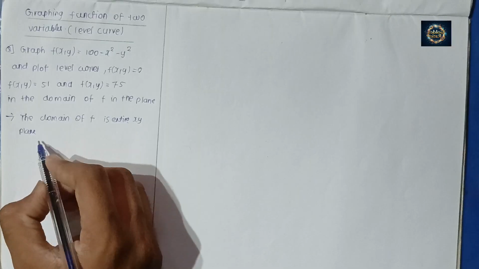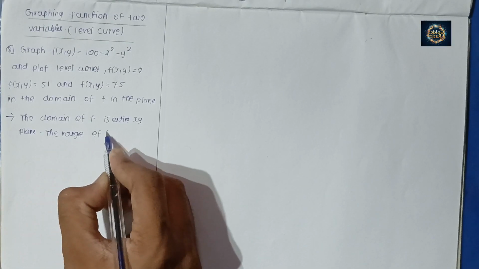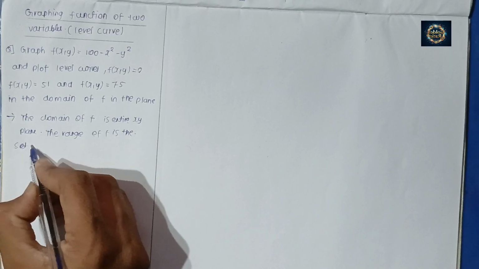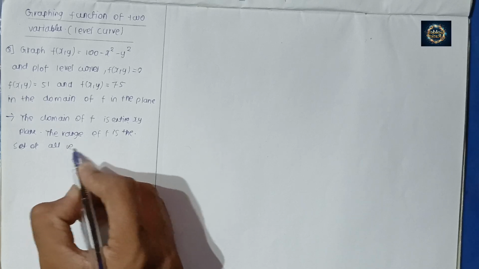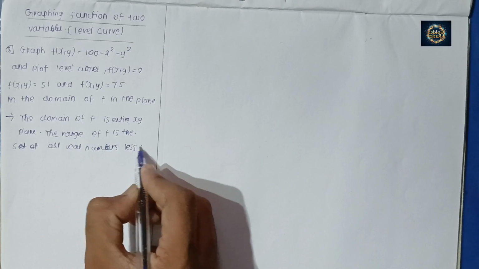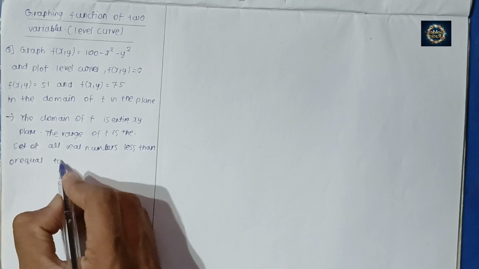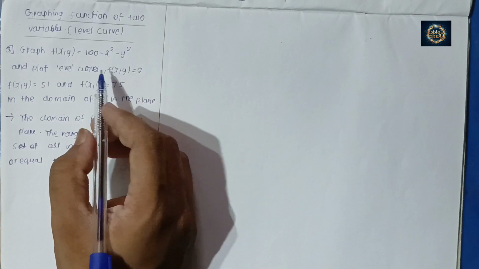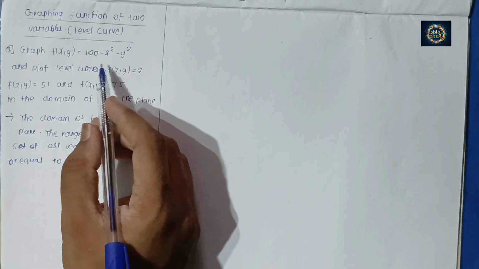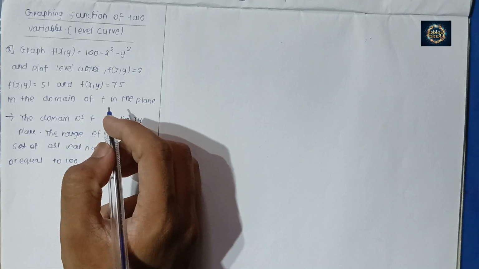So the range of f is the set of all real numbers less than or equal to 100. If we substitute any values for x and y, the value of the function will never exceed 100. By looking at this, we can make that out.